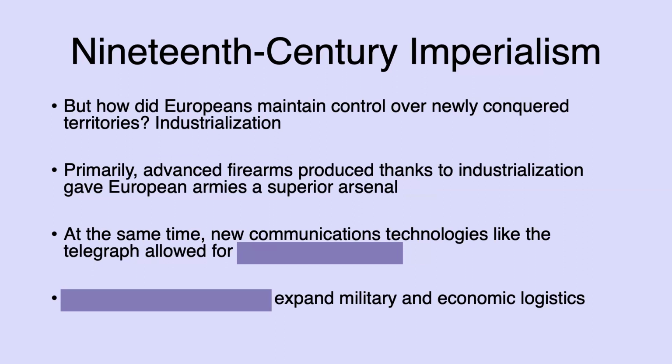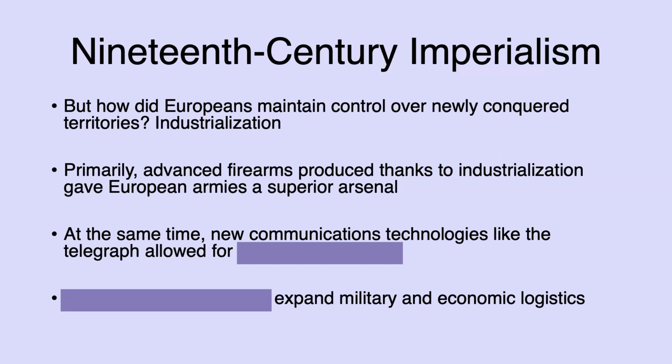So advanced firearms are produced thanks to industrialization that give European armies a superior arsenal over the regions they are trying to colonize. So you can see here that industrialization builds upon this history of colonialism, this history of imperialism, and allows European powers to establish new territories throughout the 19th century.